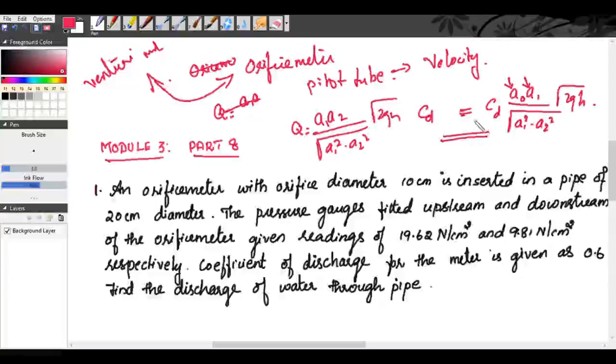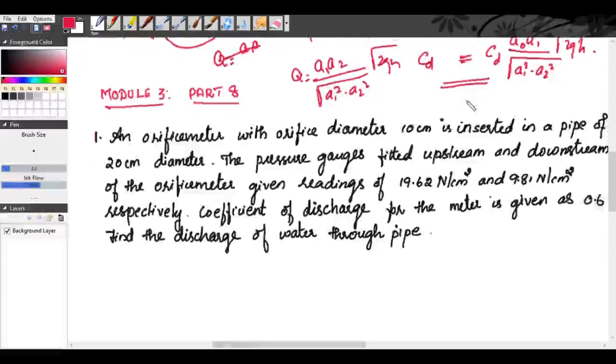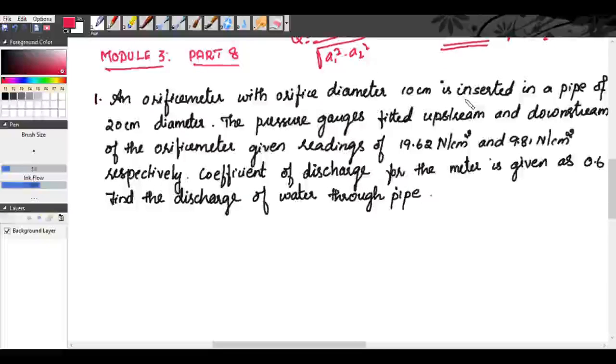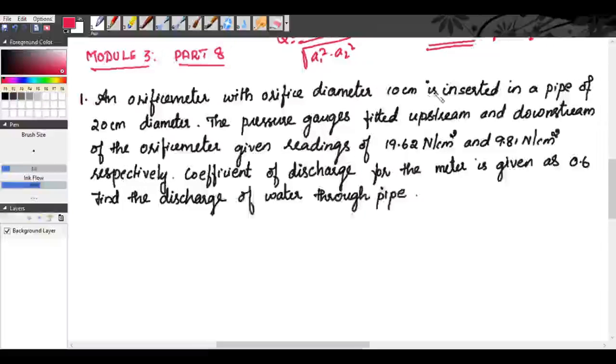Now we will move on to our problems. We will see two problems on orifice meter and some 3 or 4 problems on pitot tube. Our first problem: an orifice meter with orifice diameter 10 centimeter is inserted in a pipe of 20 centimeter diameter.